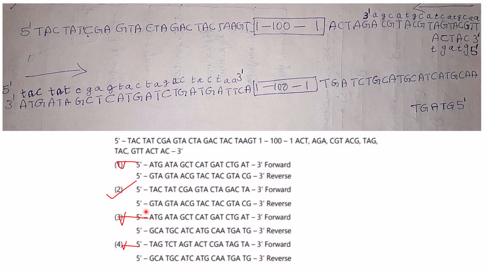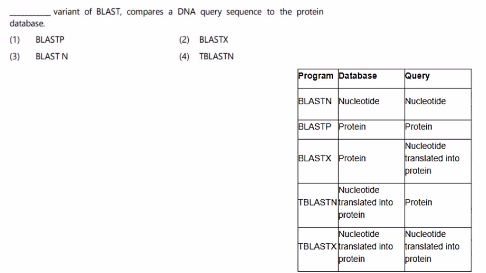See here, GTA, GTA, then ACG is here, then TAC, yeah TAC, and then GTA, CG. So that is your reverse primer. So that's it with regard to the primer sequence. Now coming to the next question.